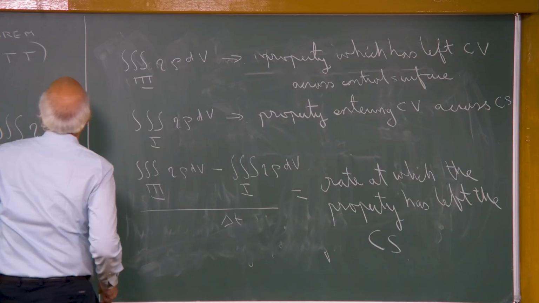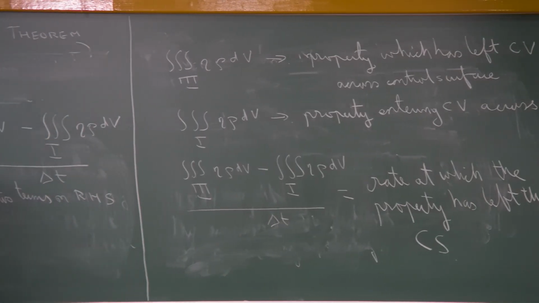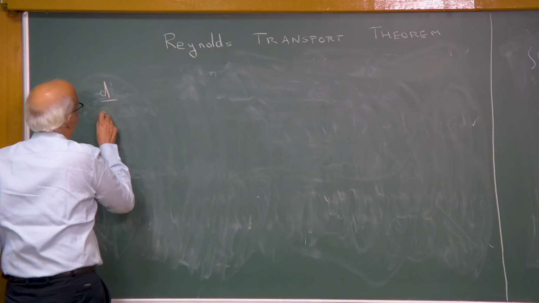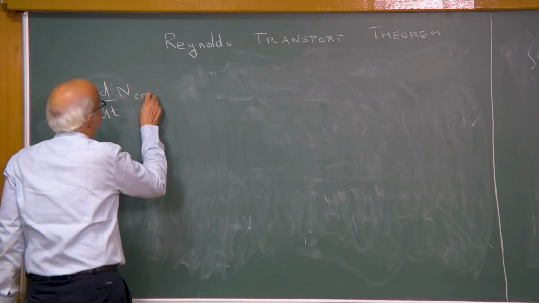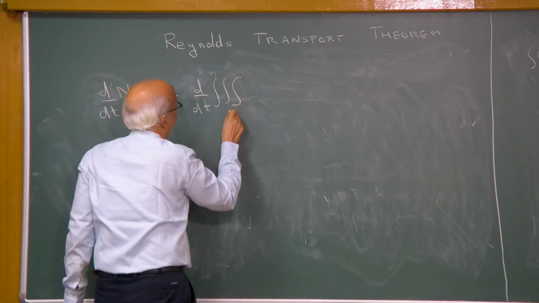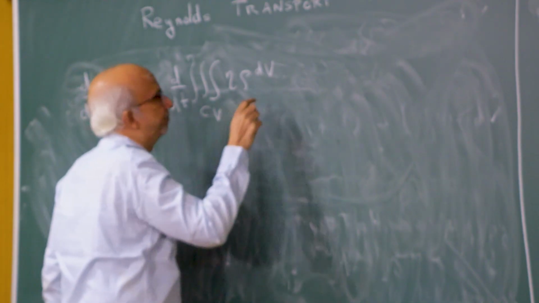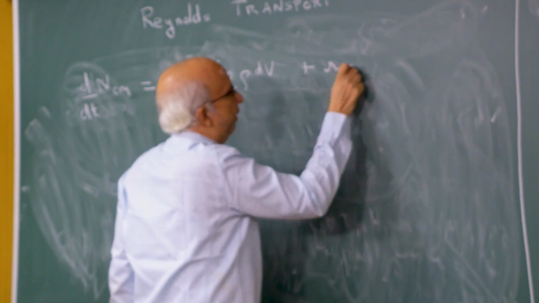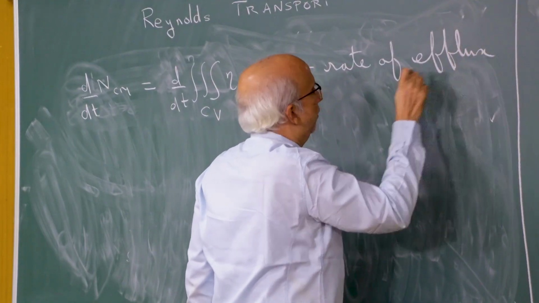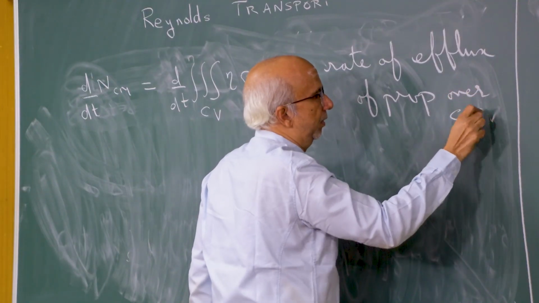So, what I want to do is put these terms together. Now I am going to write that equation: NCM equals d by dt of the integral over the control volume of eta rho dV, plus the rate of efflux of the property over the control surface.